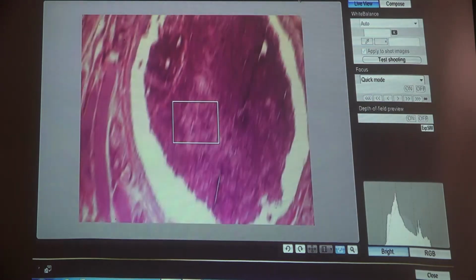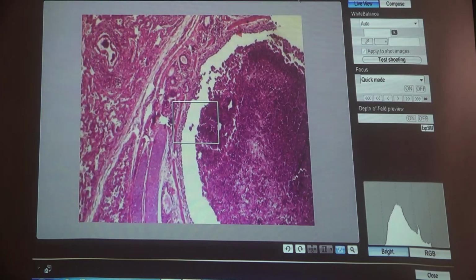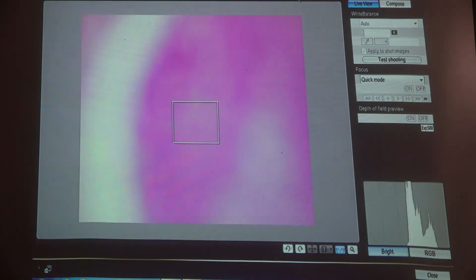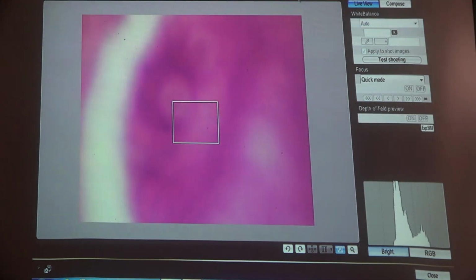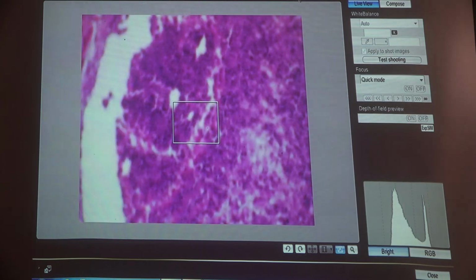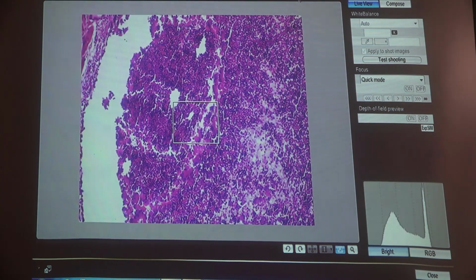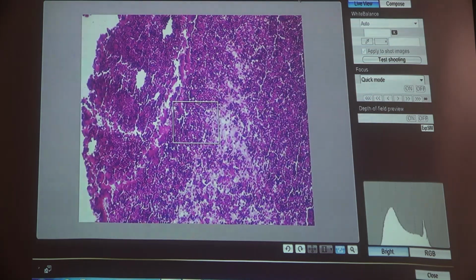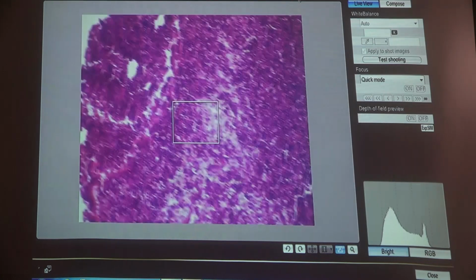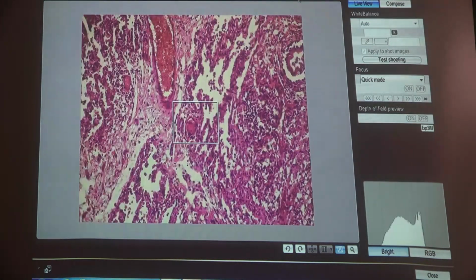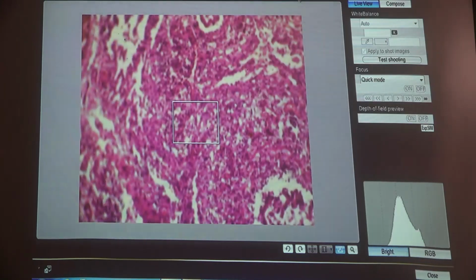This is the neutrophilic aggregate. It is also called pus cells. These cells are acute inflammatory cells, mainly neutrophil, within the bronchiole and also within the alveolar spaces.